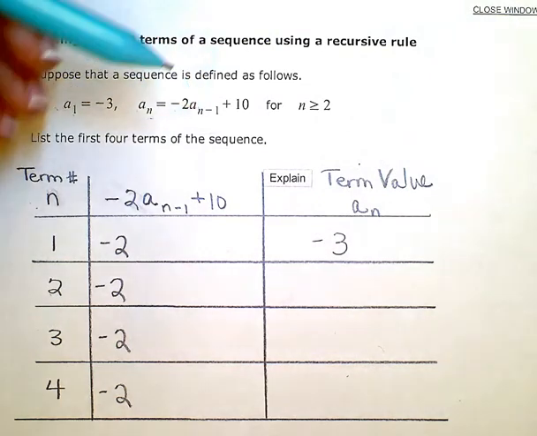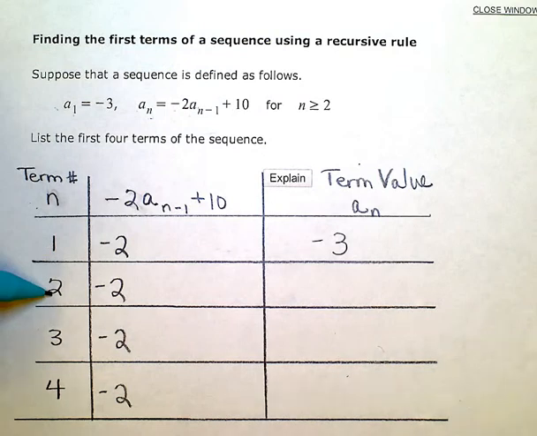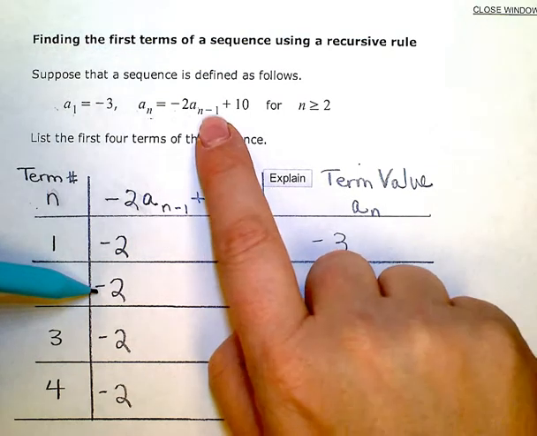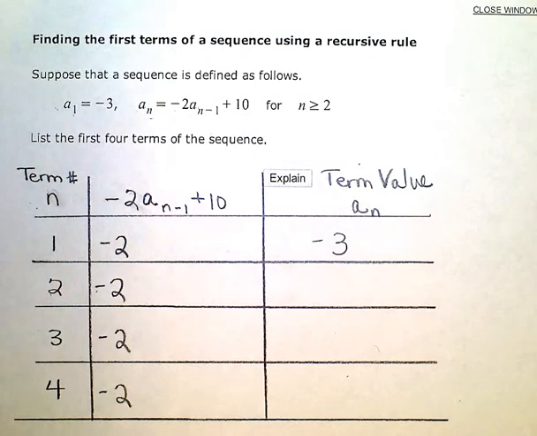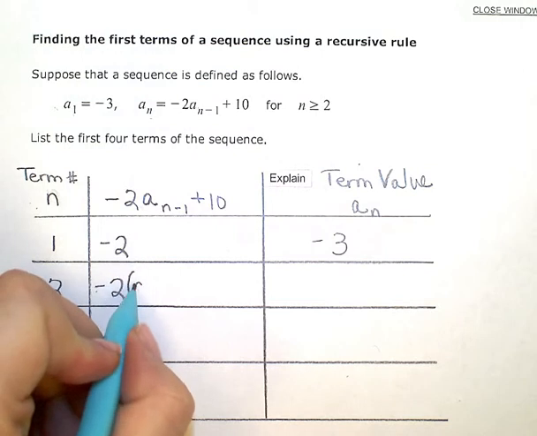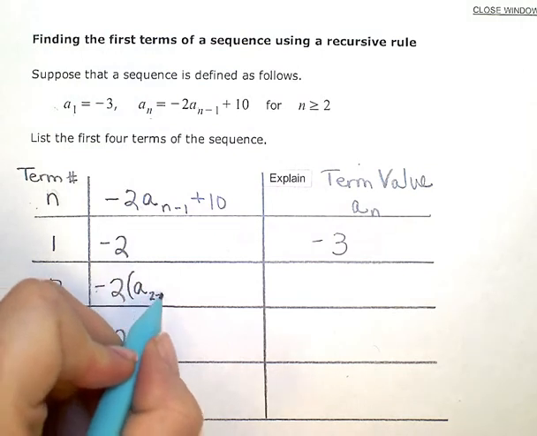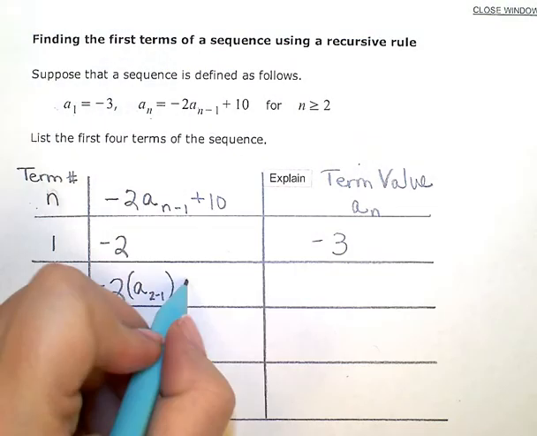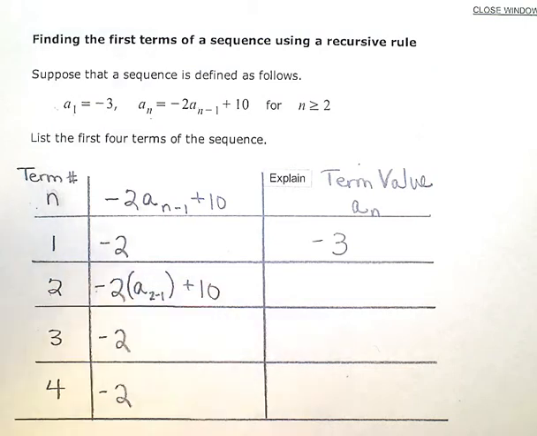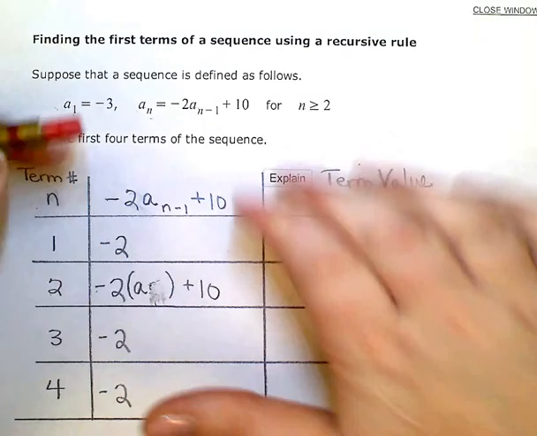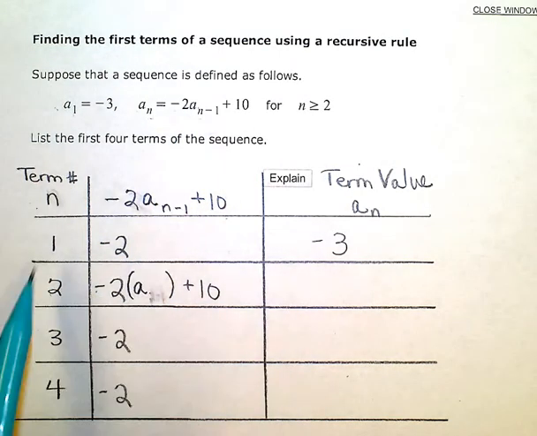So if I'm looking for the second term, I'm going to do -2 times the value of the previous term, the first one, okay? 2 minus 1 is 1. So I'm doing -2 times the value of the 2 minus 1 term, or the value of the first term, plus 10. Well, 2 minus 1 is just 1, right? I just substituted in 2 there for the n.